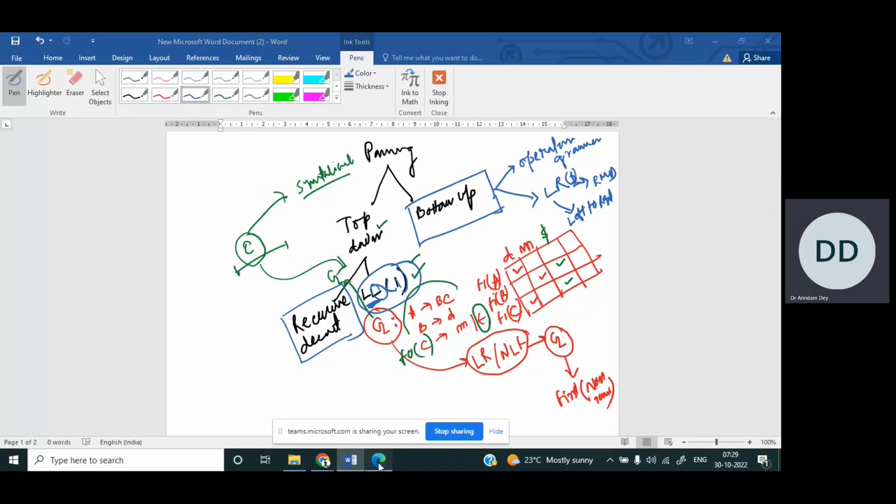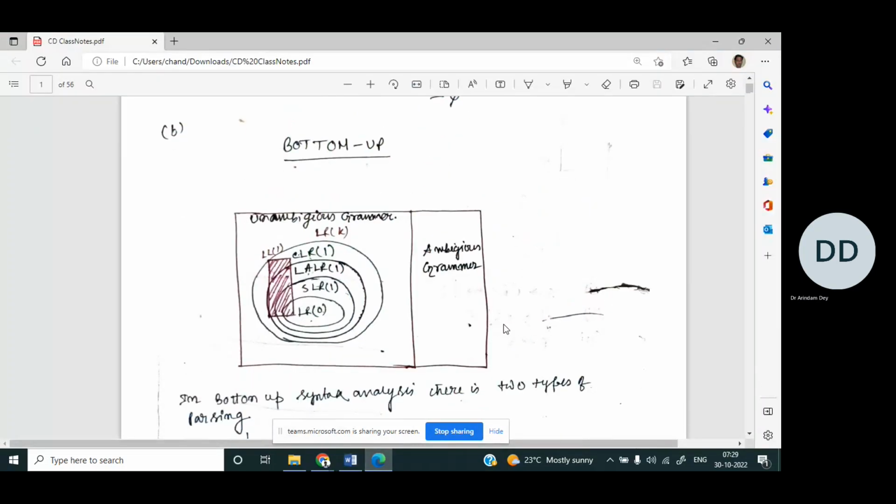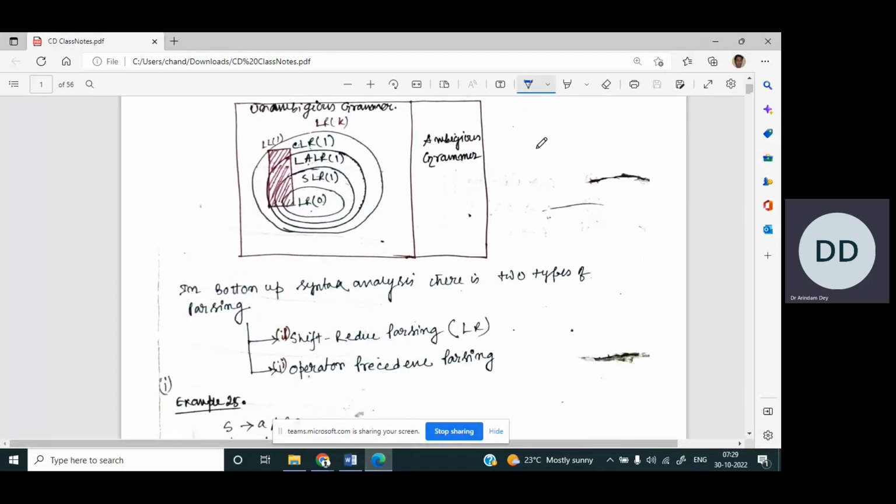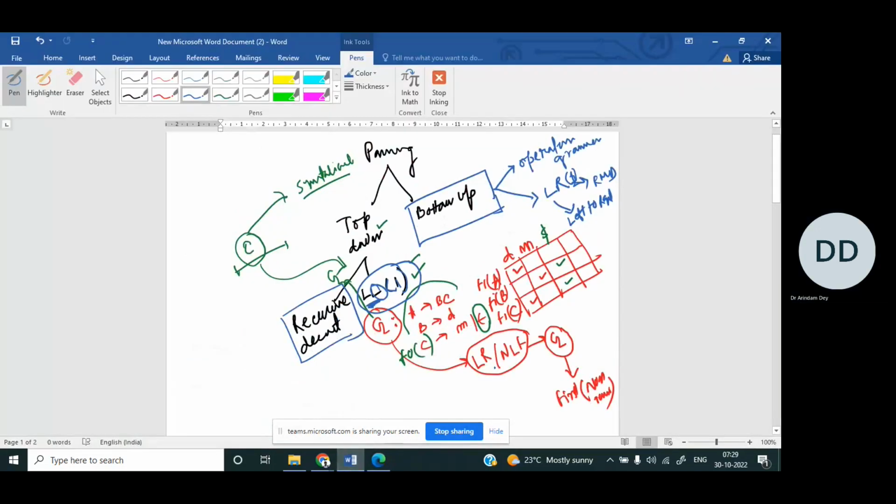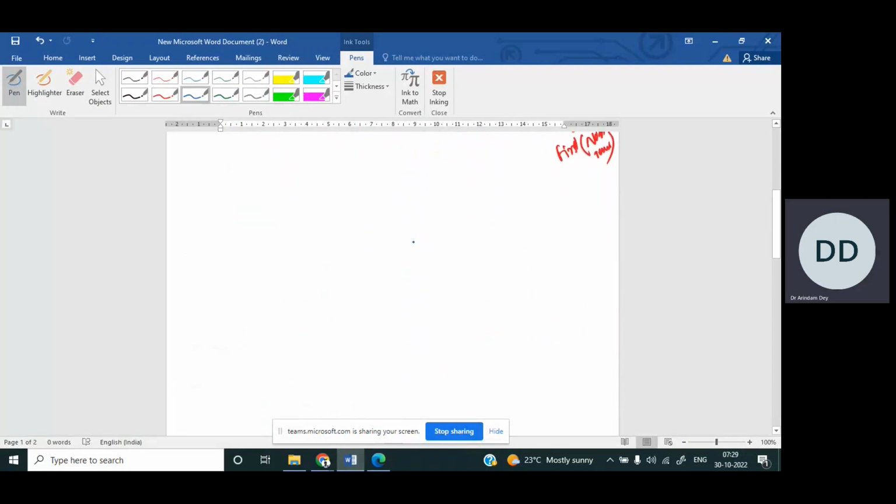Okay. Let's move to the main PDF. This is the main portion from where we will be starting. Now, here I am drawing one more diagram. I said two portions will be covered under bottom up parsing.